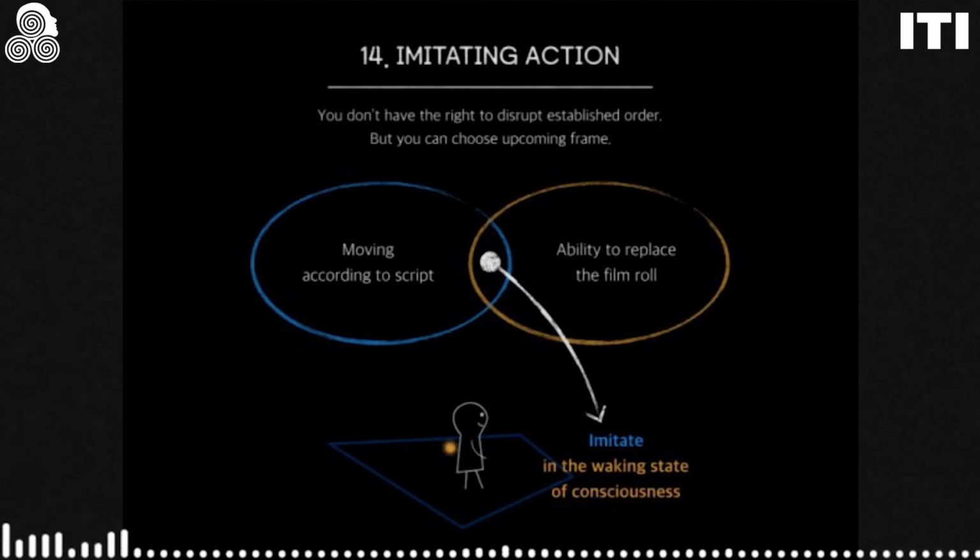I'll go into this a little bit more in the next lesson, but let's just talk about imitating briefly here as I wrap this up. Imitating is simply you choosing a new upcoming frame. If you just stay in your normal mode, your upcoming frame is going to look the same as it is now. If you choose a new movement, a new action, and you imitate a new role, that future frame will in fact look different.